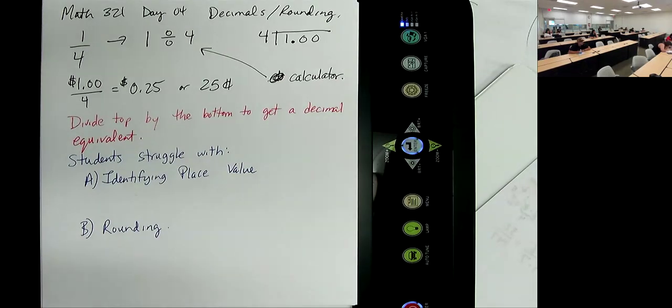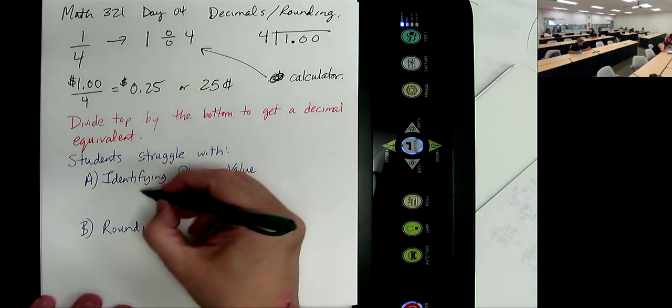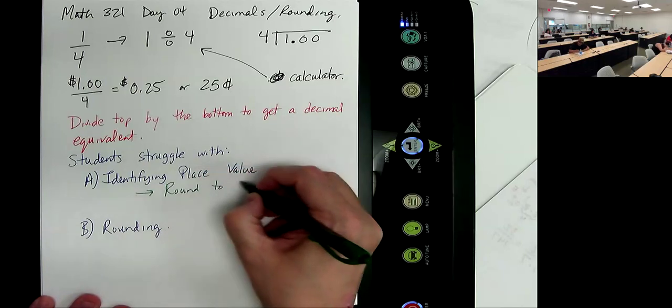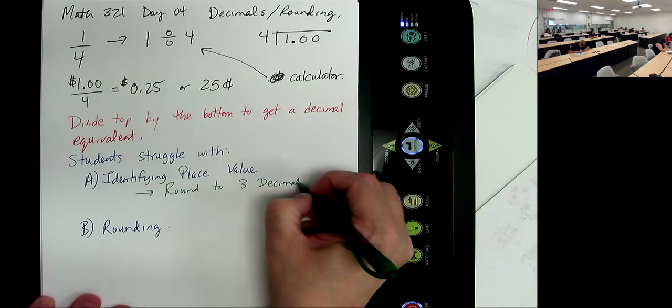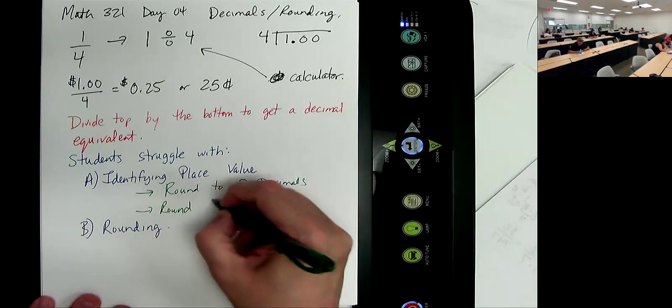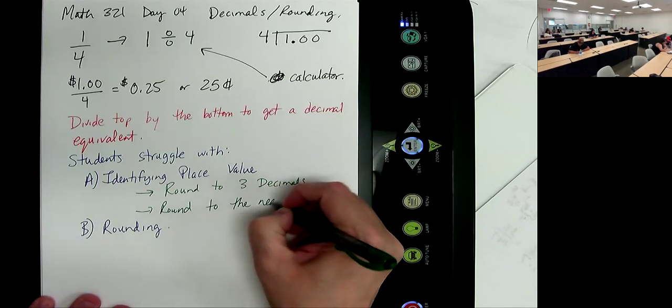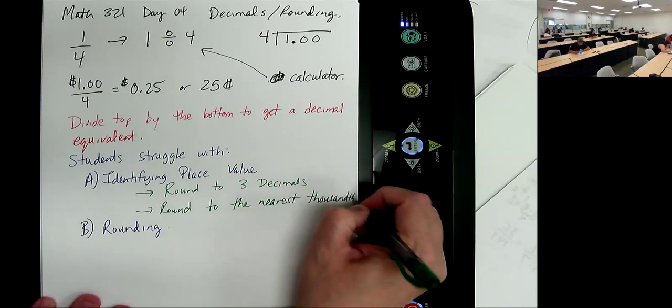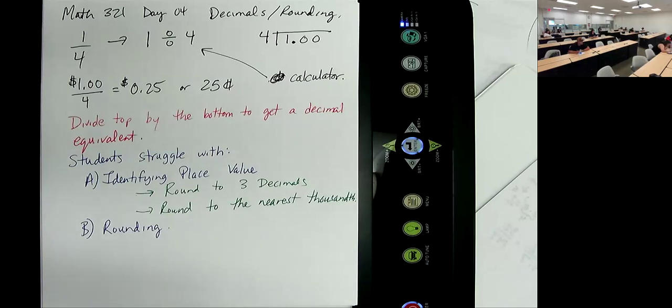The reason this is a big factor is some questions will say round to 3 decimal places, but other questions will say round to the nearest thousandth. And these two are equivalent. So we're gonna take a look at both.